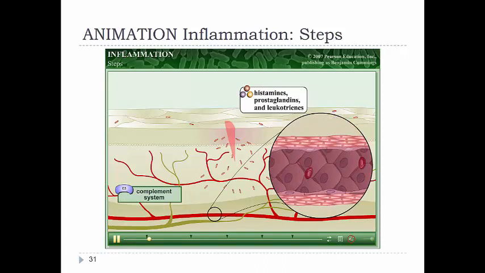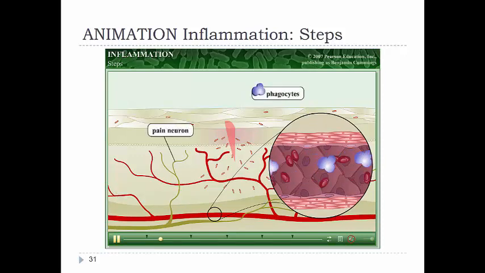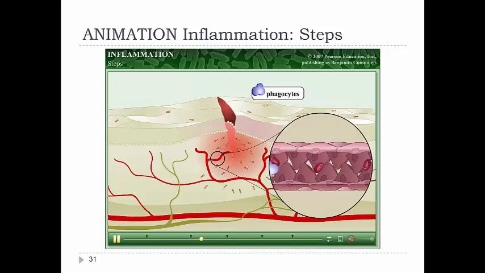Those chemicals are going to come into contact with the blood vessels, where it's going to cause vasodilation, the swelling, and the opening between the cells. The phagocytes, blood, and other things will be able to get out of the vessels and go to the site of damage.